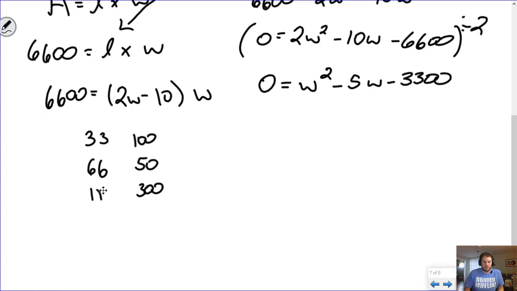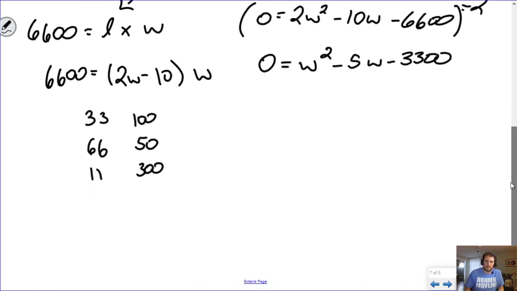I could, let's see, multiply this by 5 and get 55, and divide this by 5 and get 60. Oh, and what I see is that 60 and 55 have a difference of 5.